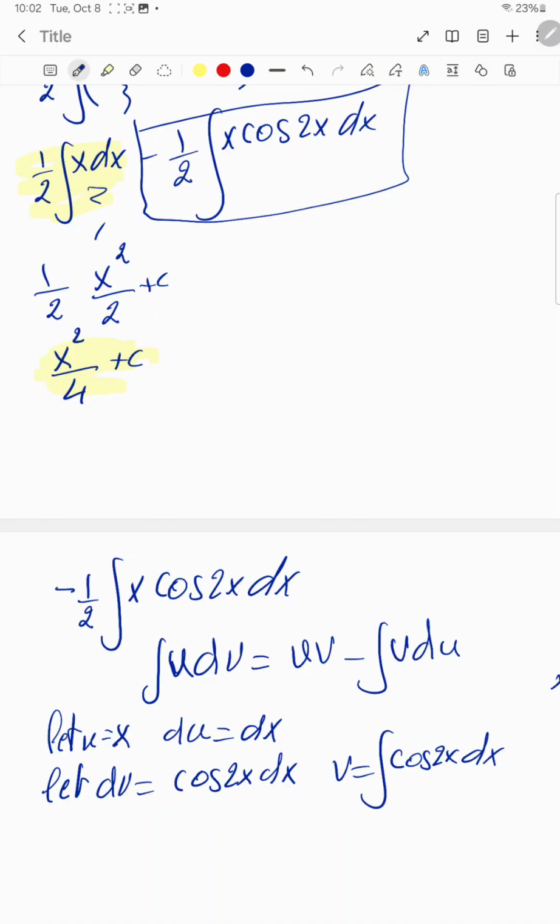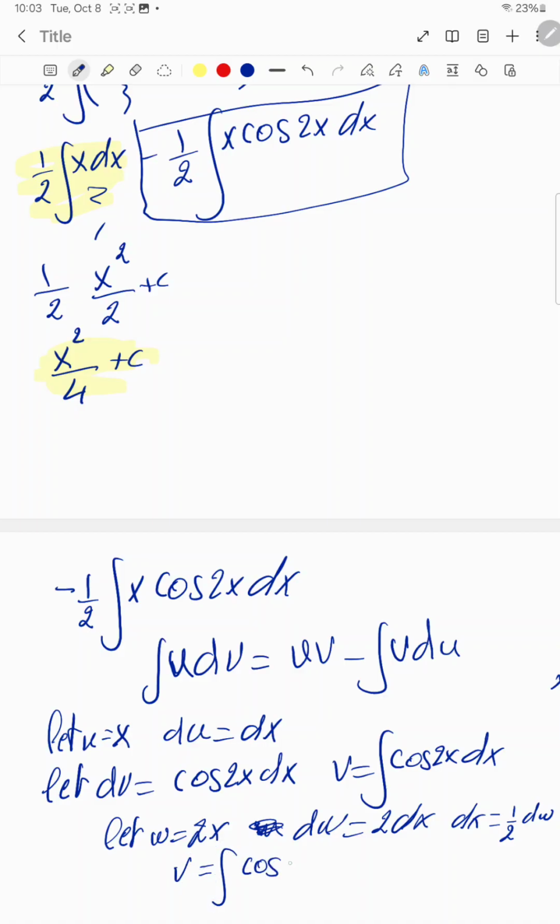Here, let's call it w. Let w equal 2x. So my dw equals 2 dx, so my dx is equal to 1/2 dw. So my v becomes the integral of cosine w multiplied by dw divided by 2. The 1/2 I take outside my integral.